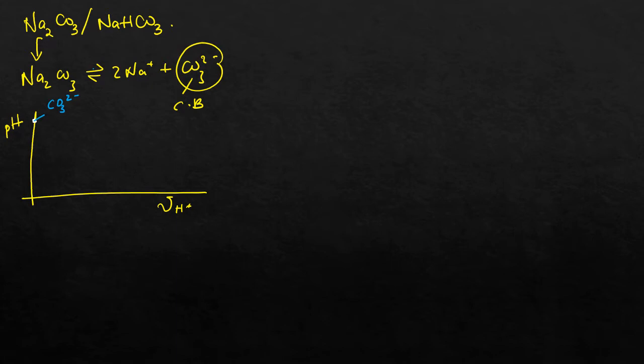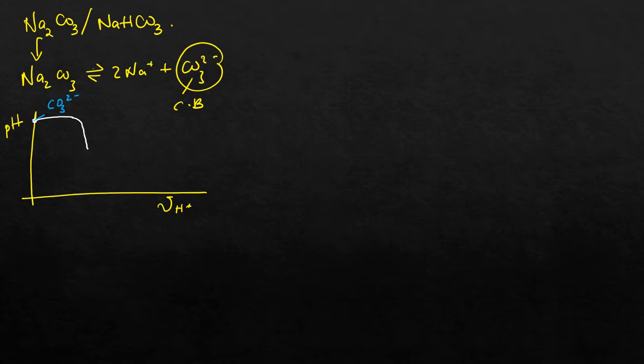As the titration proceeds, pH would begin to decrease because we are adding an acid. It gets to the point of inflection where your carbonate ion is converted to the bicarbonate.